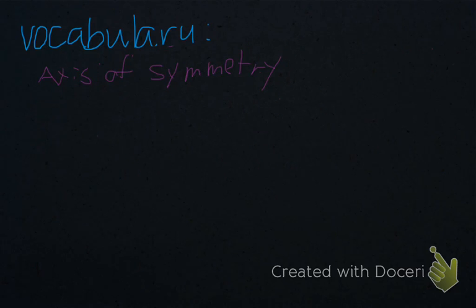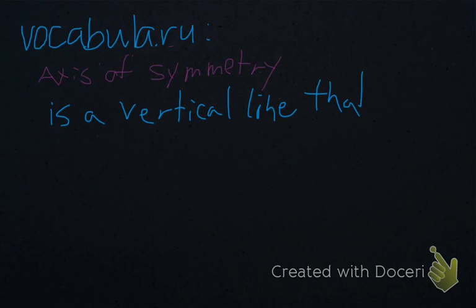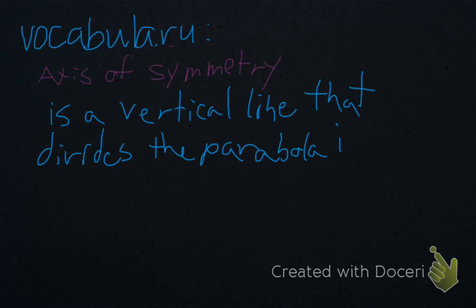Okay, the next word is axis of symmetry. The axis of symmetry is a vertical line that divides the parabola into congruent halves.